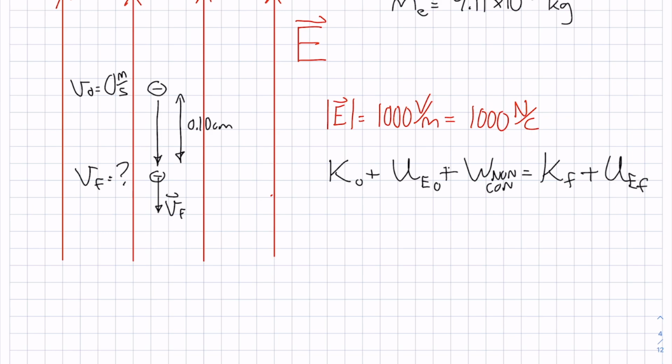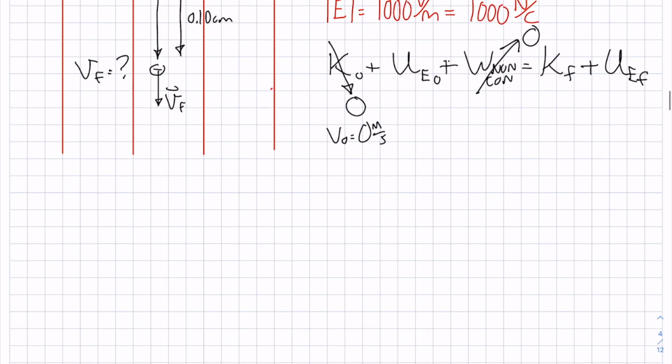Now, we're not worried about friction. And as I said, we're not going to worry about mgy because we're going to ignore the effect of gravity here. It turns out the electric force is a conservative force and it's related to the potential energy. This is zero. There are no other forces interfering with the electron. And this is zero because we start at rest.